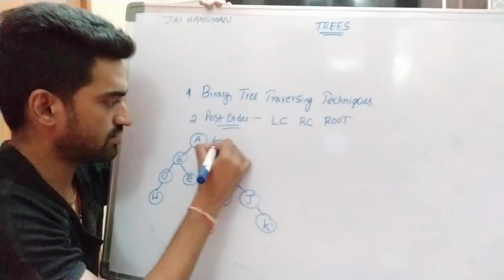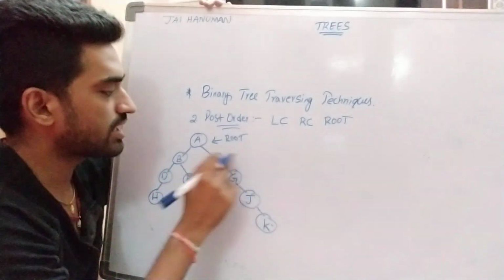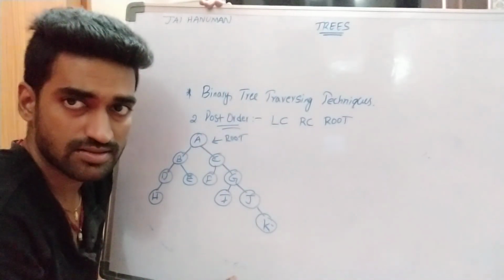Right. So this is the root. So what is the post order traversing for this binary tree?